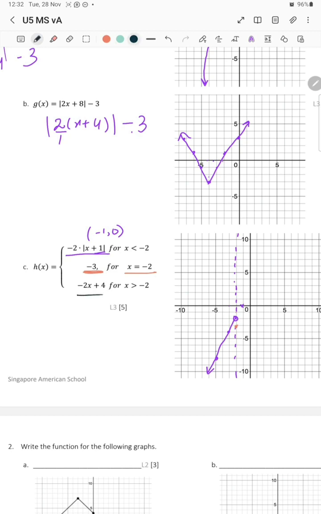And the last one is -2x plus 4 for x greater than -2. So let's find the values.